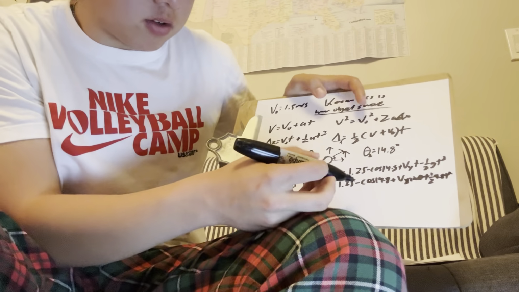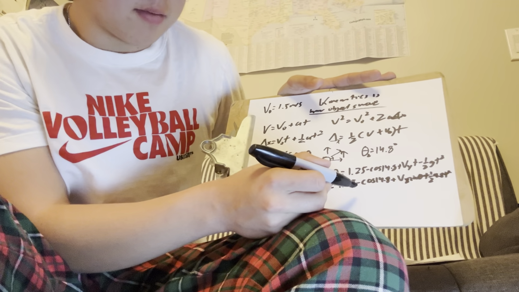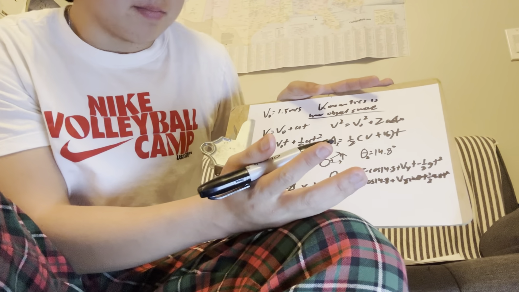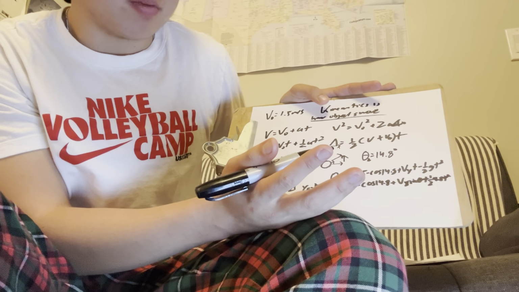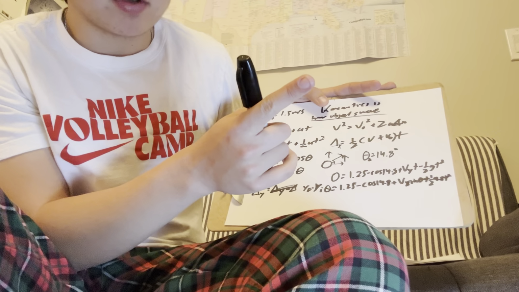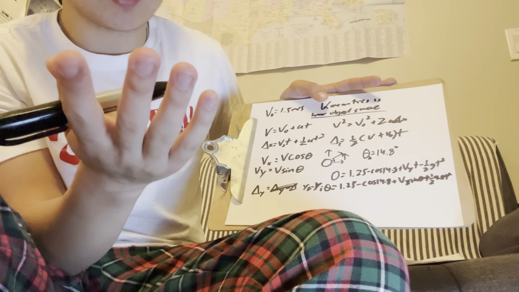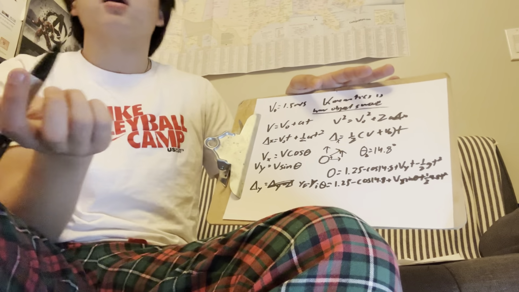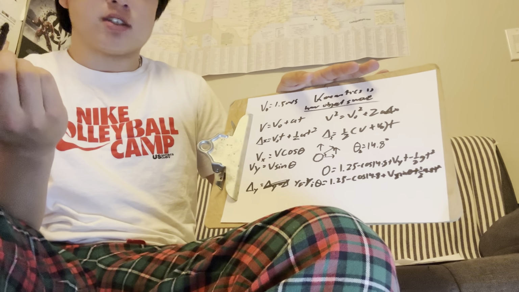It's a little messy, a little rough, but you get the idea, right? So it may not look it, but this is going to come out to be a quadratic. When we solve the quadratic, only one of these answers is going to be positive, and that's obviously got to be our answer. I mean, time can't be negative. So I'm going to run those calculations real quick and get back to you in a second.